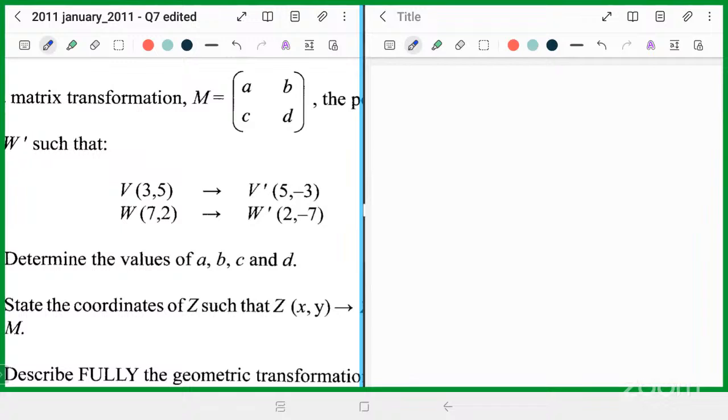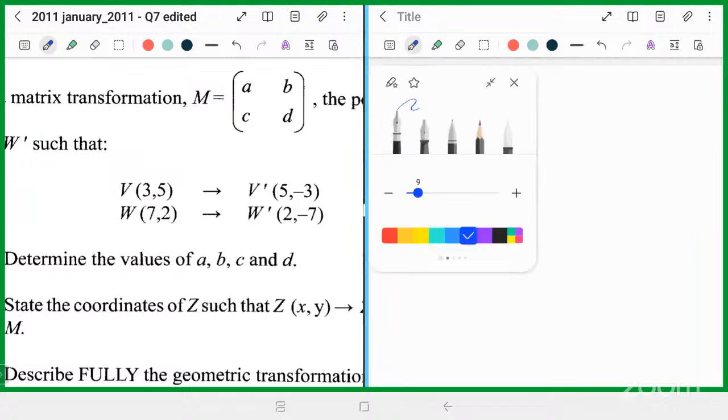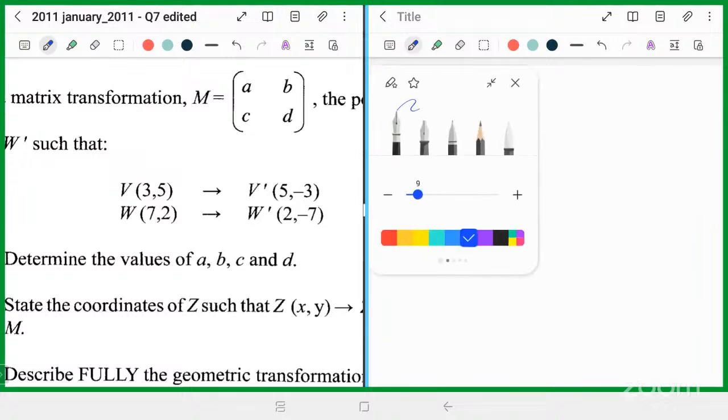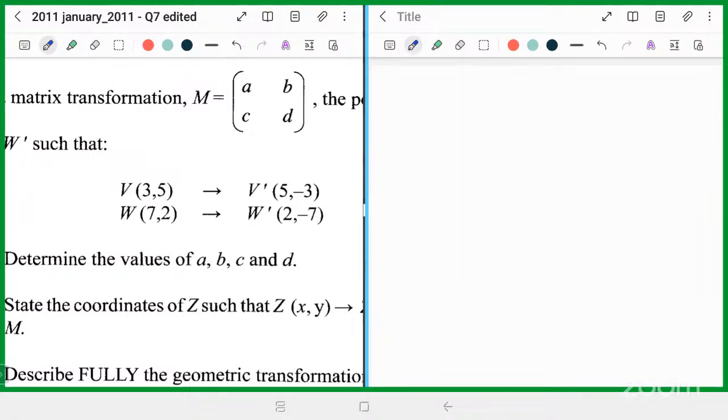So what we know from those values is that this is one of our regular matrices. So A, B, C, and D are going to be equal to values from 0, 1, and -1 for sure.